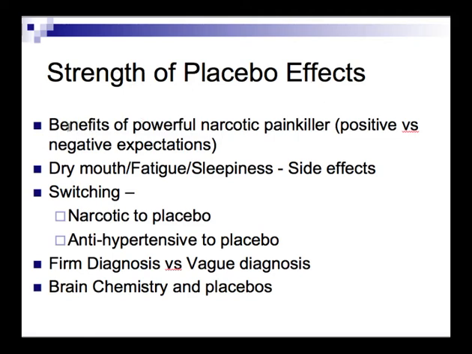There have been studies where they've taken people and given them all painful narcotic painkillers that are unequivocally known to decrease pain. But when they gave them, they split them into 3 groups.